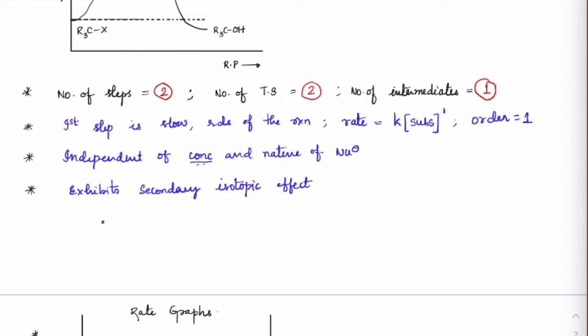So I can say the reactivity rate here would be: (CH3)2CBr will have more rate compared to (CD3)3CBr. If anybody has a problem understanding the isotopic effect, please ask me in the doubt session, okay?